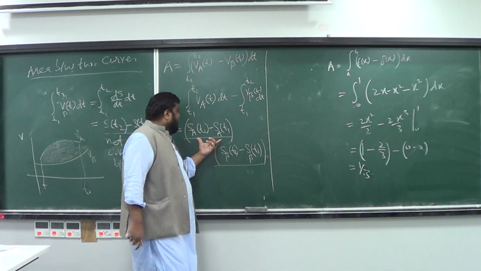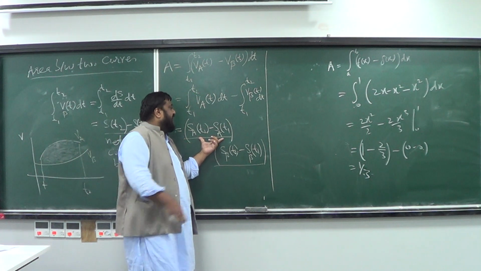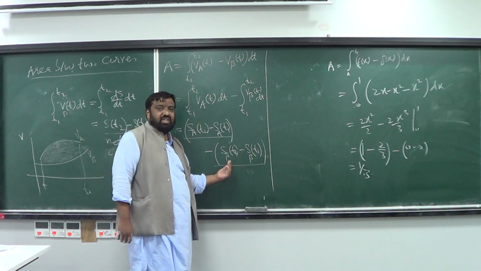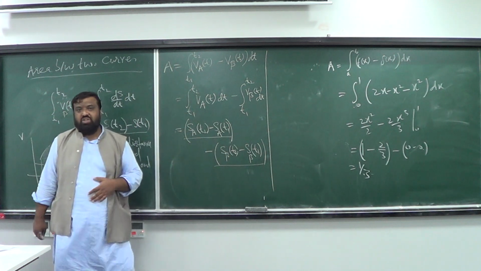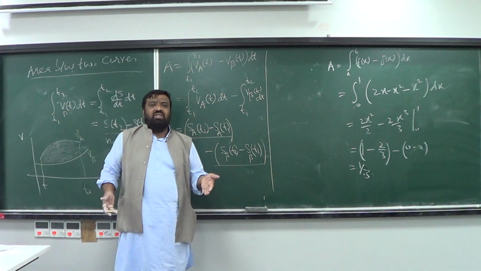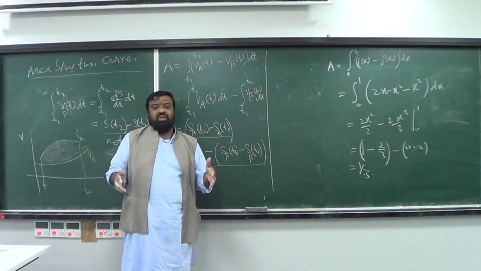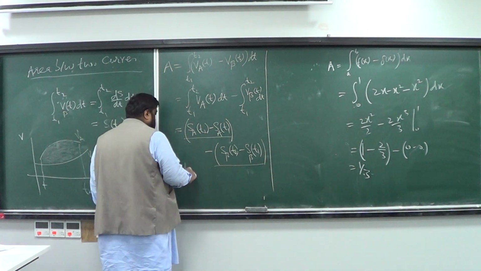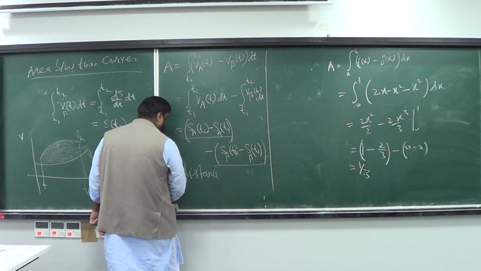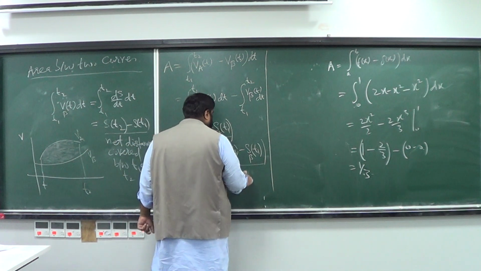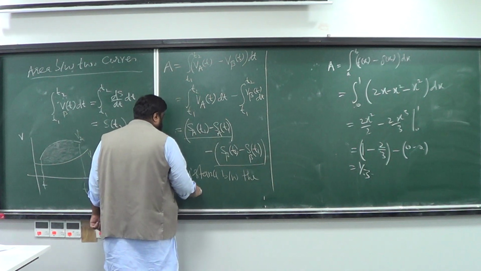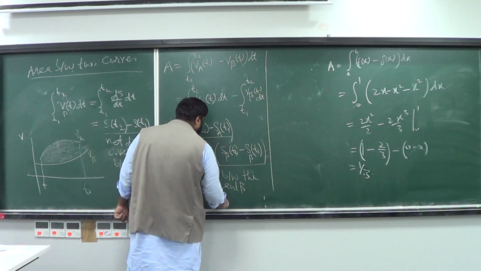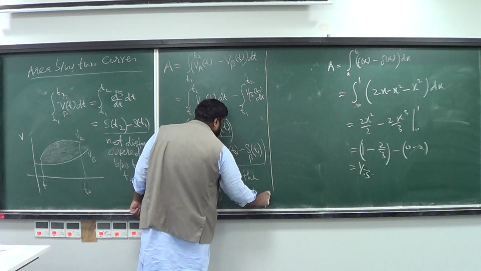So if this represents the net displacement made by vehicle A between T1 and T2, and this represents the net displacement made by vehicle B between T1 and T2, this difference tells you how far apart vehicles A and B were between the instants T1 and T2.